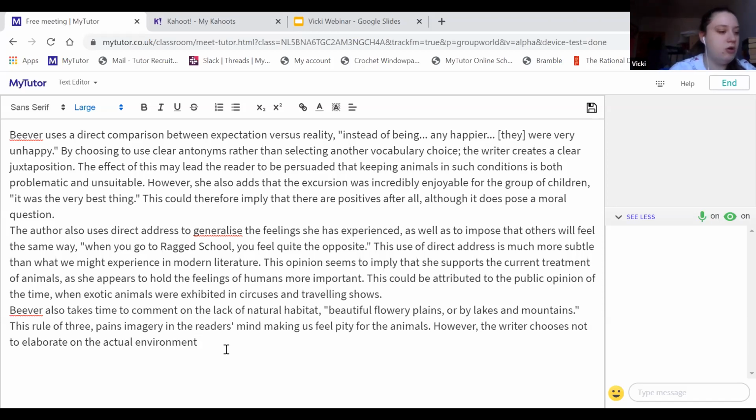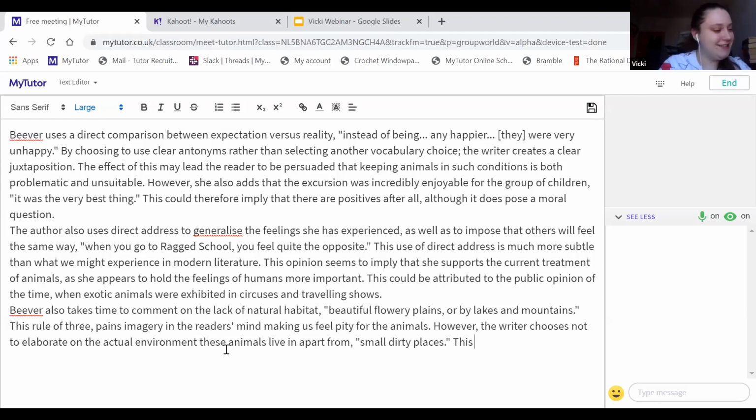Right, elaborate on the actual environment these animals live in. Apart from small dirty places. I think a few of you guys are disagreeing with me, so I'm going to check that out in a minute, which is fine.